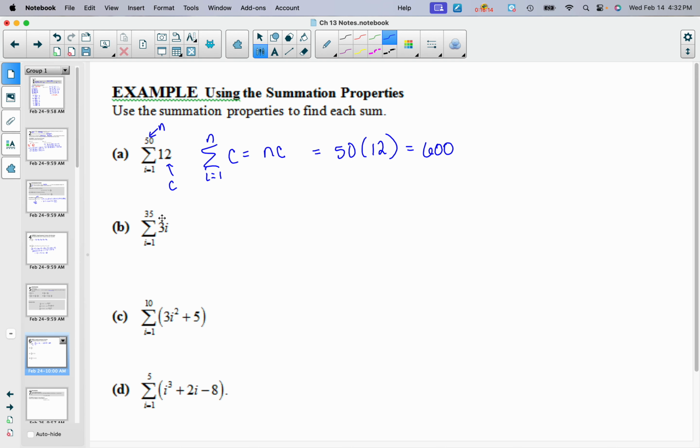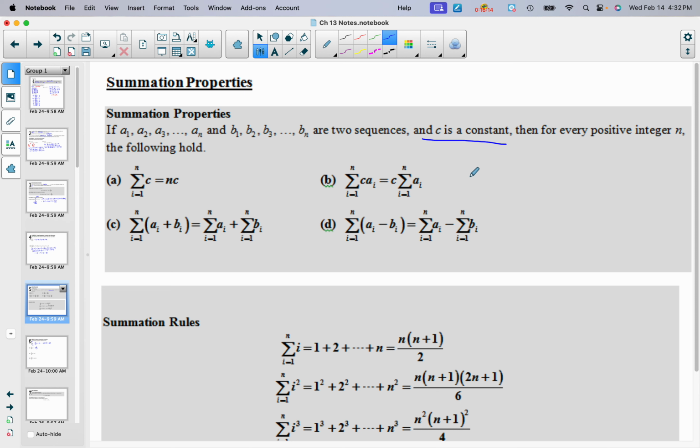On part B, this 3 is a constant. Well, it's kind of a coefficient. Using the properties, property B says that I can pull the 3 out, and I'm still doing this. Now take a look at this one right here, because that's what I have.